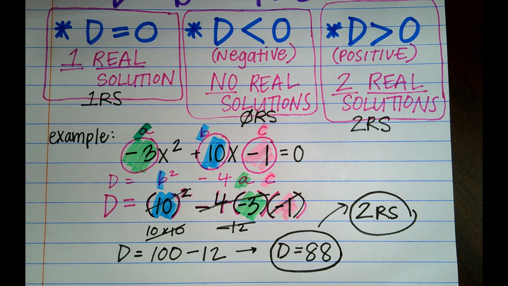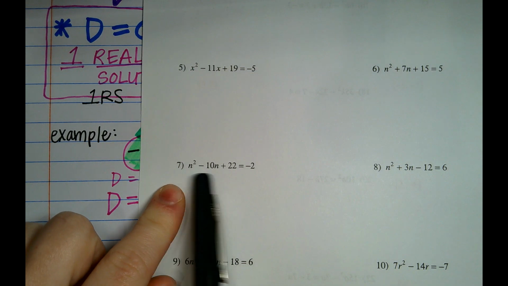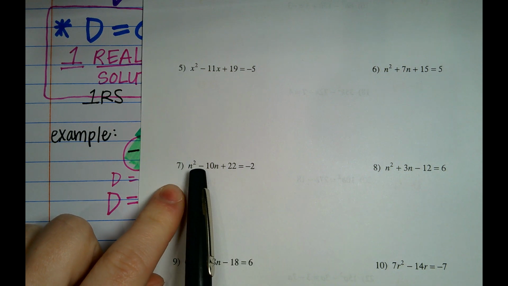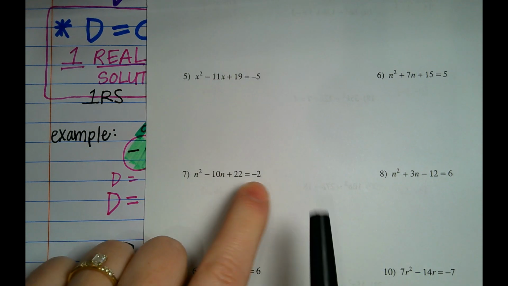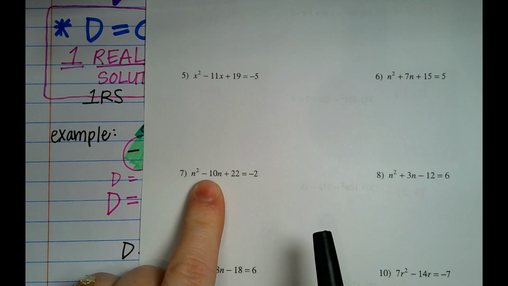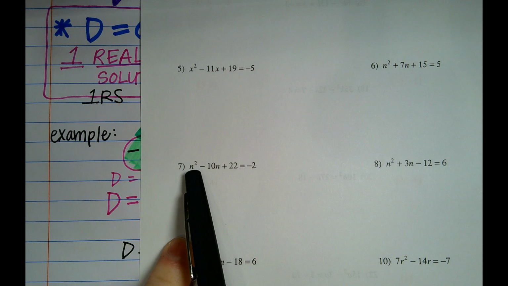So you'll notice on that worksheet up at the front of the room, some of the equations are not equal to 0, such as number 7. We have n squared minus 10n plus 22 is equal to -2. This one would not be ready to solve until we get that -2 on the other side.